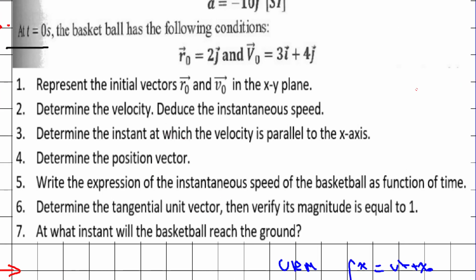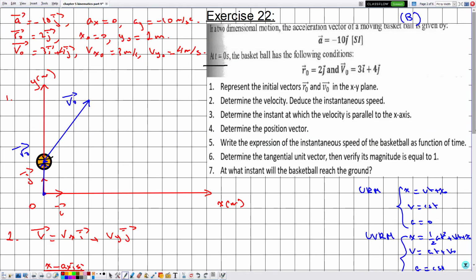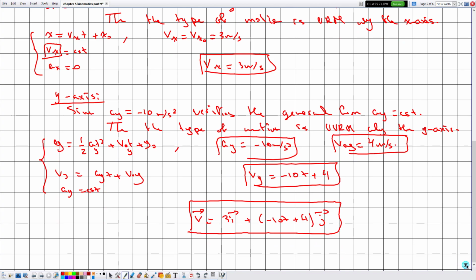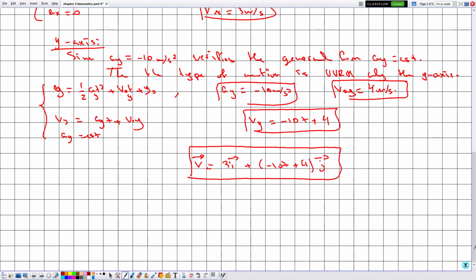In this case, since it's parallel to the x-axis, the other component, which is the y component of the velocity, is equal to 0. Since it is parallel to the x-axis, then vy is equal to 0.